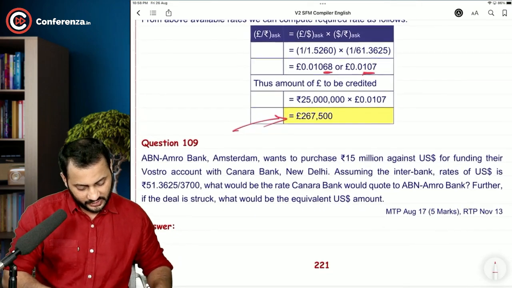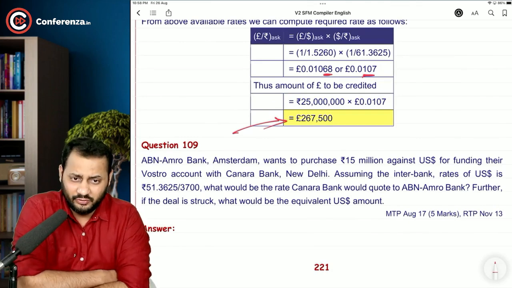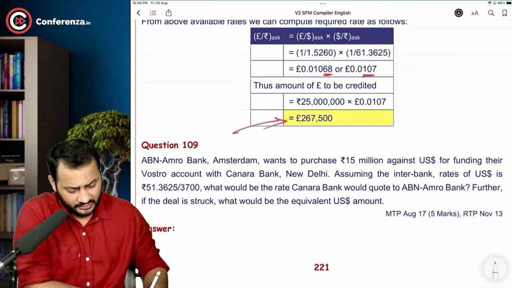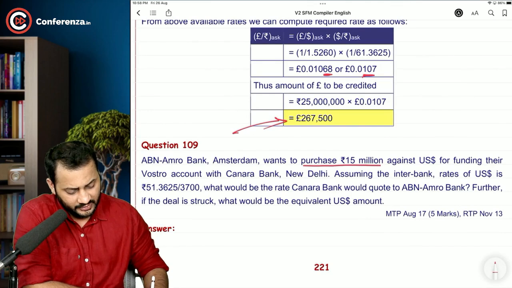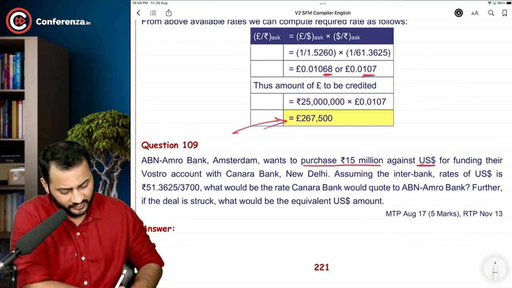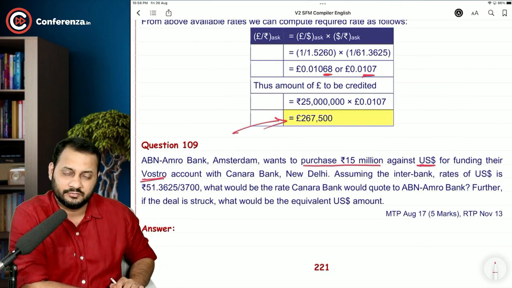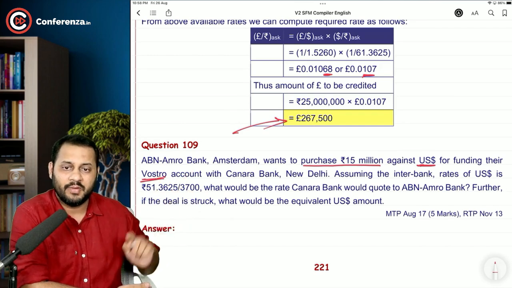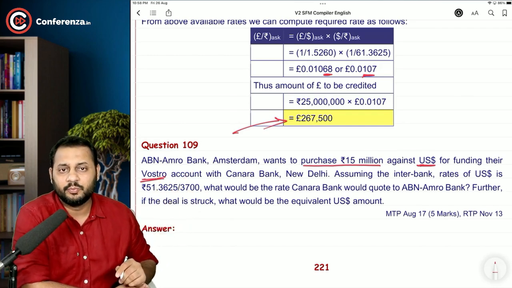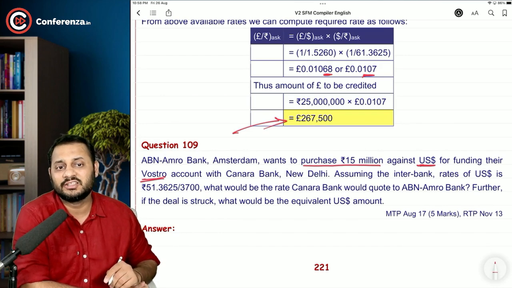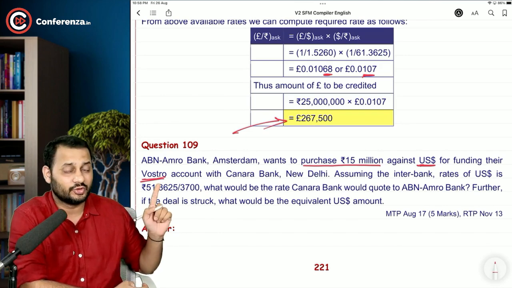Question number 109. This is also a cross rate calculation question. In this case, you will be buying 15 million against the dollar for funding their Vostro account. Now, ABN AMRO Bank, Amsterdam, wants to purchase 15 million against US dollar for funding their Vostro account.